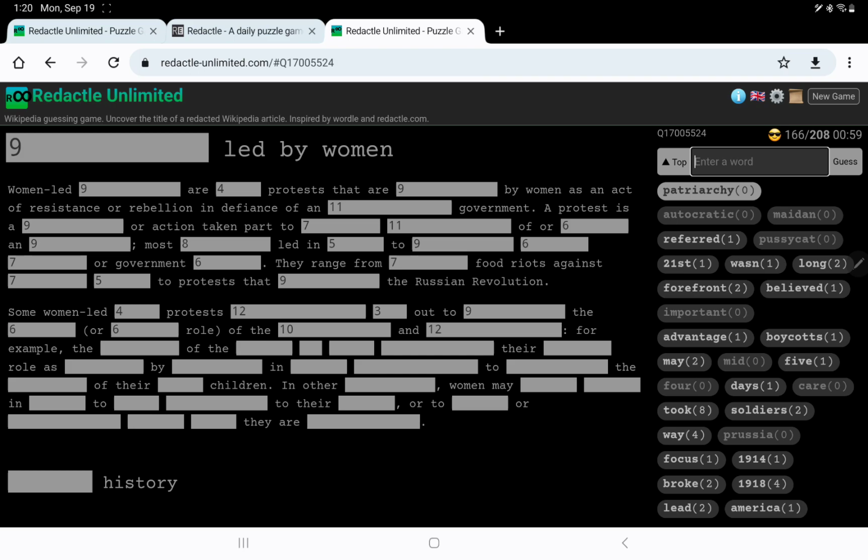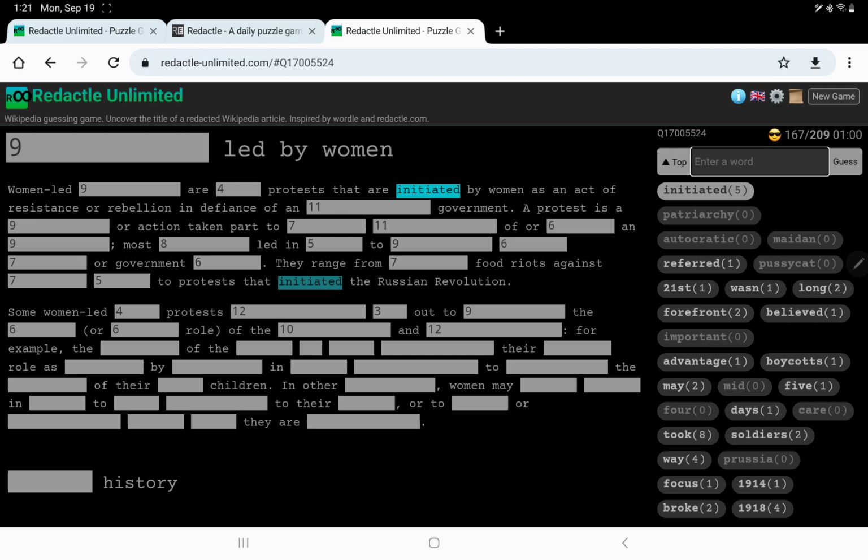And then what were those food riots? 7 food riots against 7-5. To protests that initiated, maybe, that instigated. Let's try initiated. Oh, that are initiated by women.